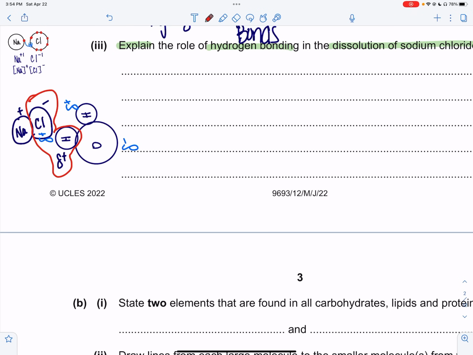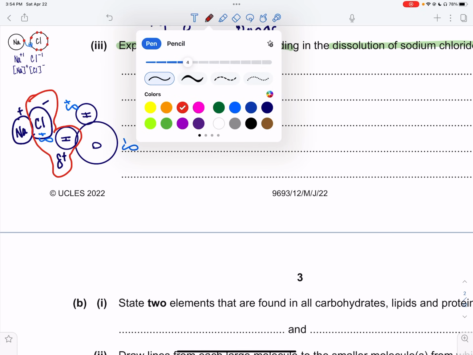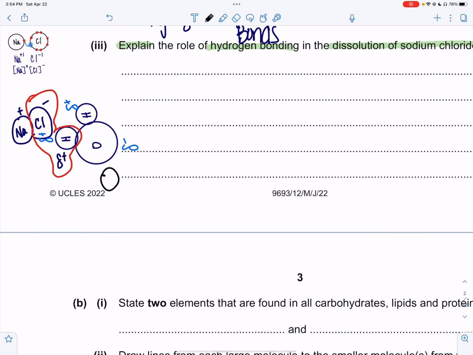And likewise, the partially negative oxygen atom would attract itself to the positively charged sodium ion of the salt molecule. And that's because opposite charges attract. And then that will start the dissolution process.